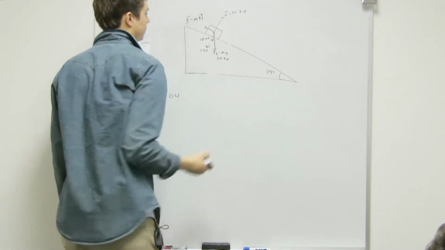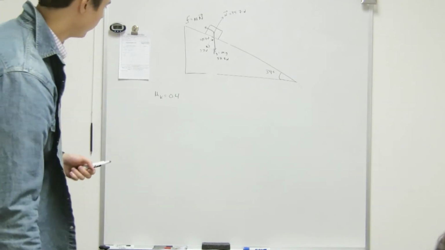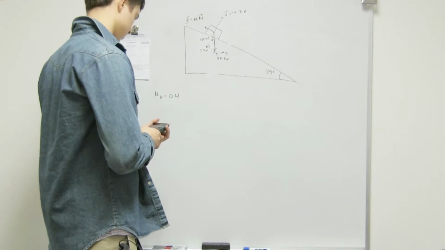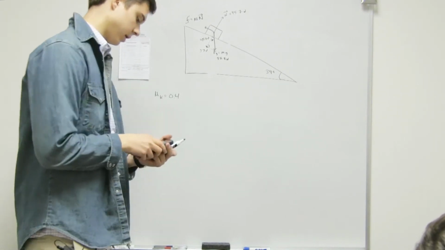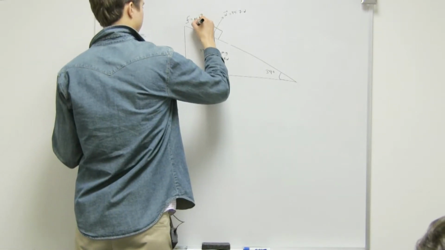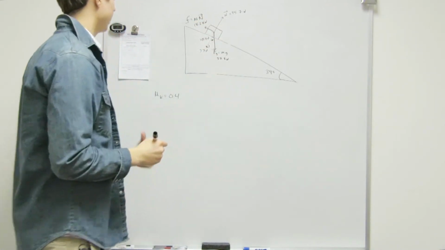In this case, it's 45.7. So we can multiply those two things together. We get 18.28. So 18.28 newtons going up the ramp.